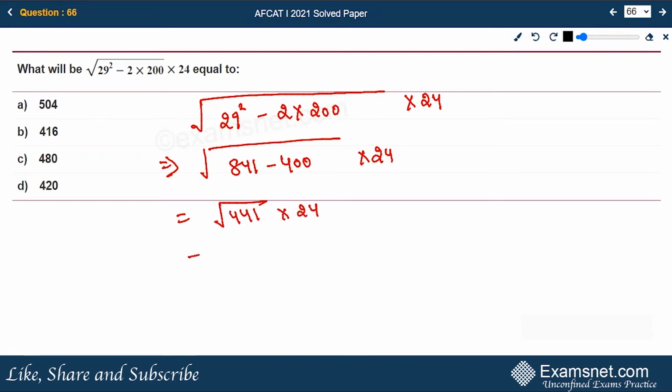What is the square root of 441? 21 into 24, which is equal to 504. Option A is your correct answer.